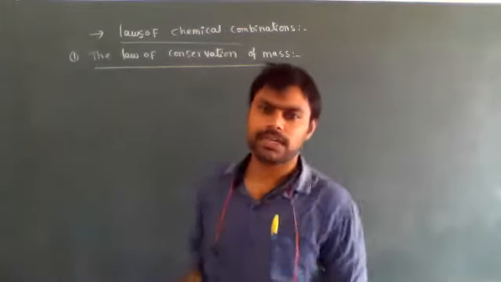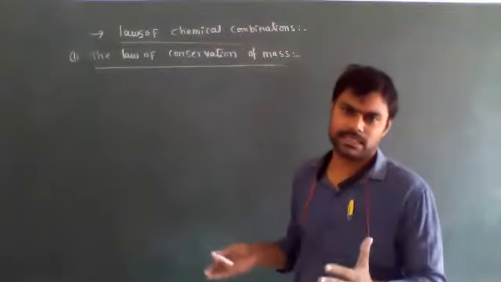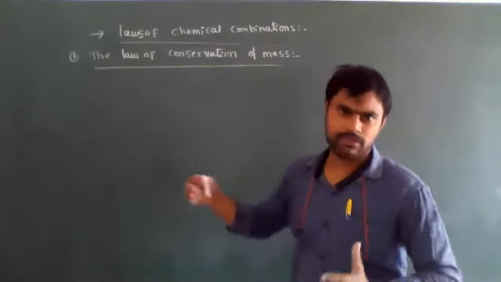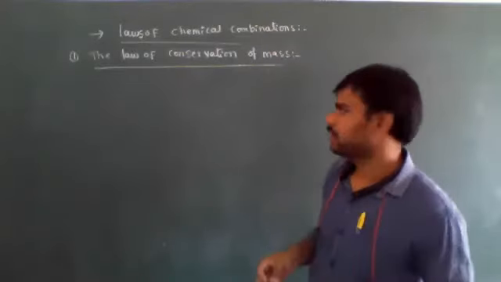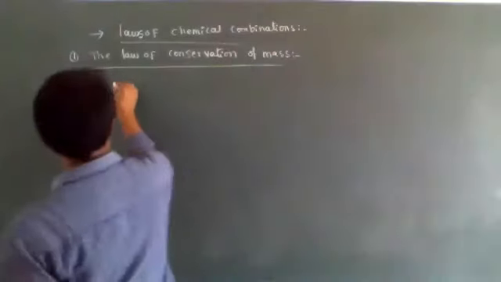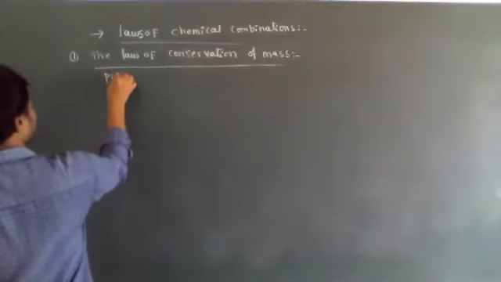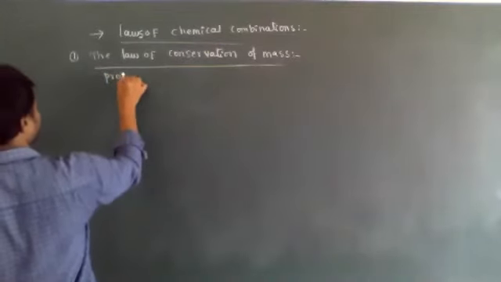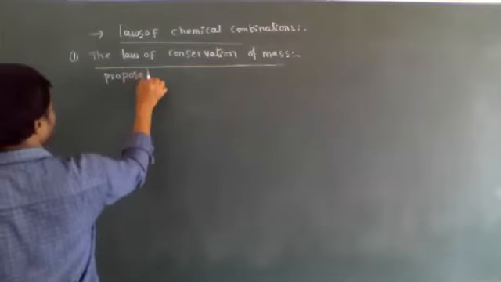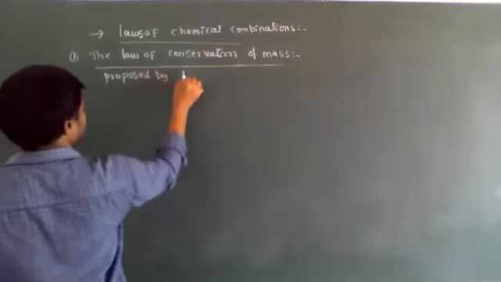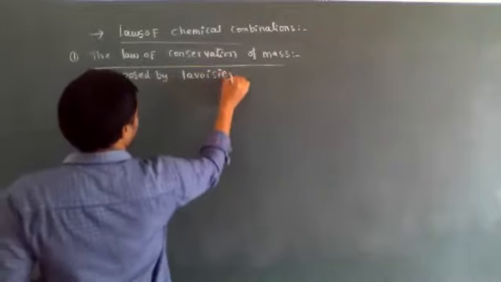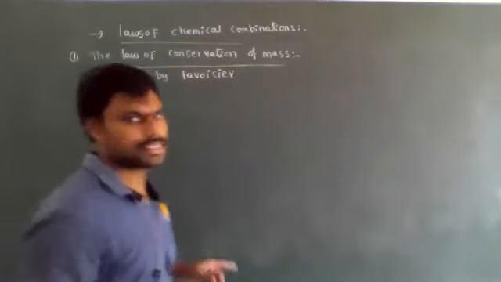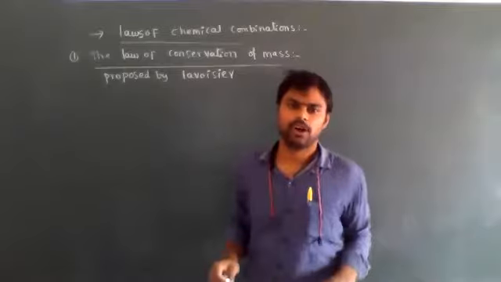What is the main importance of this law and what does it explain? According to that law, what can we observe in chemical reactions? These things are very, very important. This was proposed by Lavoisier. This is the scientist's name.